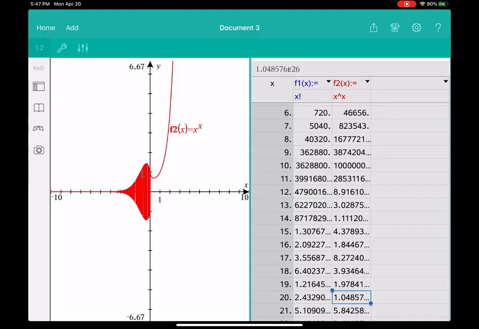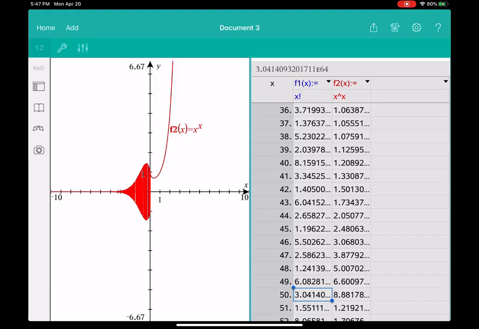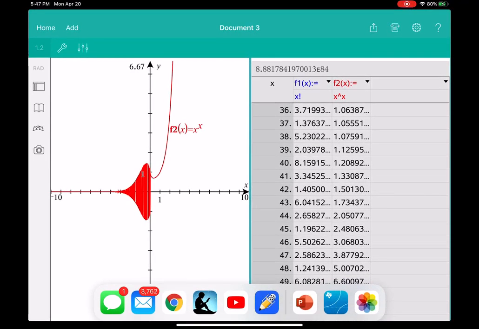This is times 10 to the 26th, right beside it only times 10 to the 18th. Child's play. Let's look at the 50th. x factorial is times 10 to the 64th power. Let's see what x to the x is. To the 84th power. It's gargantuan. So it certainly gets bigger faster, right?